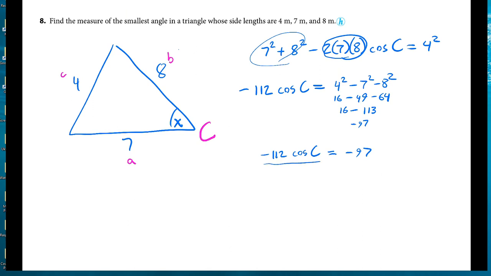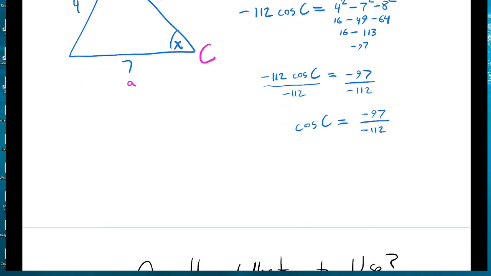We divide by that coefficient here, and we get the cosine of C equals negative 97 over negative 112. The same way to write that, if we're going to solve for C, is the measure of angle C equals the arc cosine of, and now I can get rid of those two negatives, so that's 97 over 112.